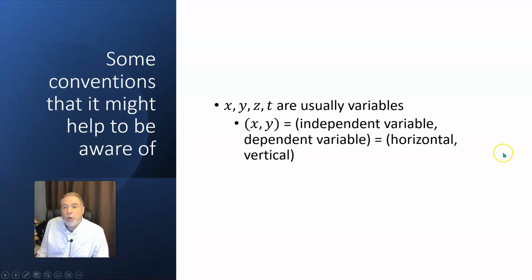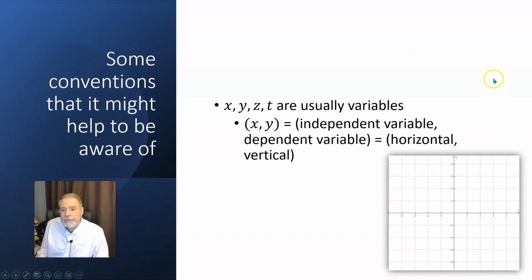And if you are graphing that equation, the X stands for the horizontal coordinate of each point on the graph, and the Y stands for the vertical coordinate. So a particular value of X goes with a particular value of Y, and they represent the horizontal and vertical coordinates of a point on the graph, where the point is left to right and how far up or down it is.